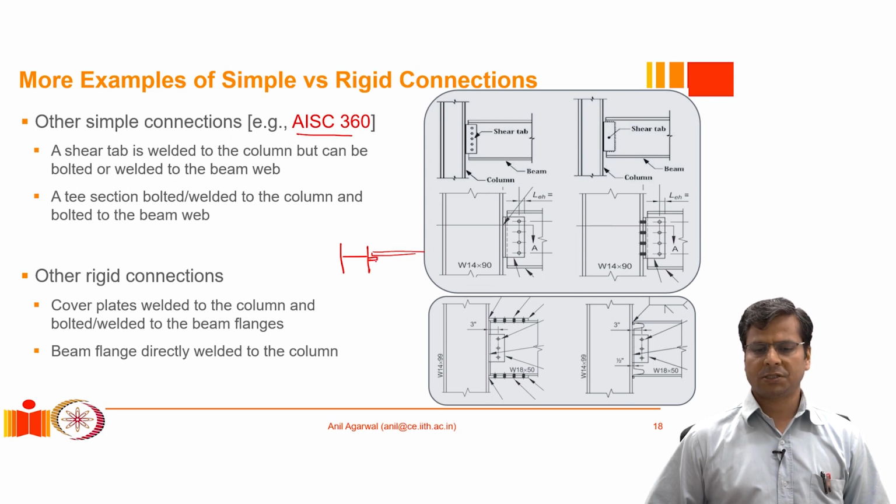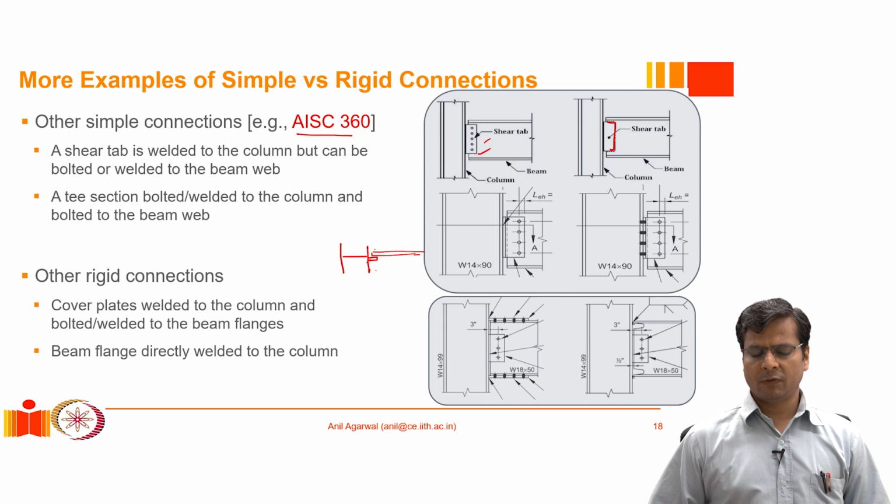It is usually known as shear tab or shear plate. We weld it to the column flange, and then the beam web can be either welded to this plate like shown here, or it could be bolted to this plate like shown here. Okay, so both options could be utilized.